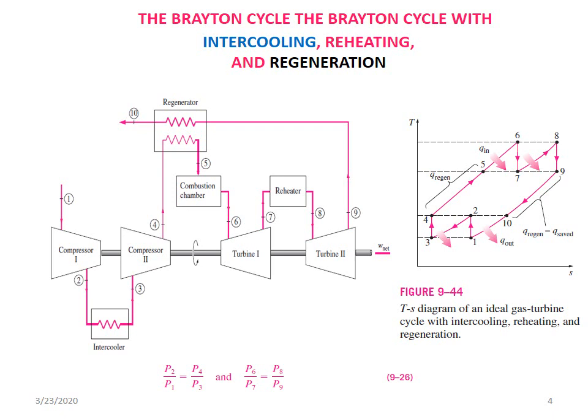It can be shown that this procedure also maximizes the turbine work output. For the very best performance, P2 by P1 is equal to P4 by P3, and P6 by P7 is equal to P8 by P9.